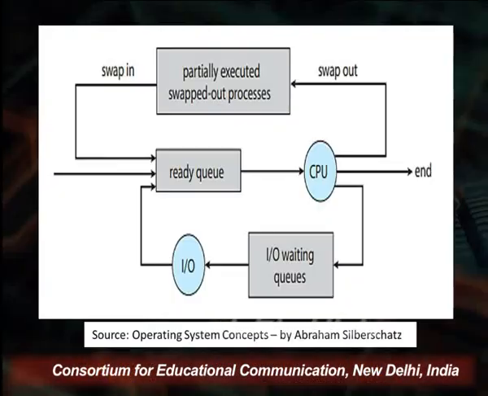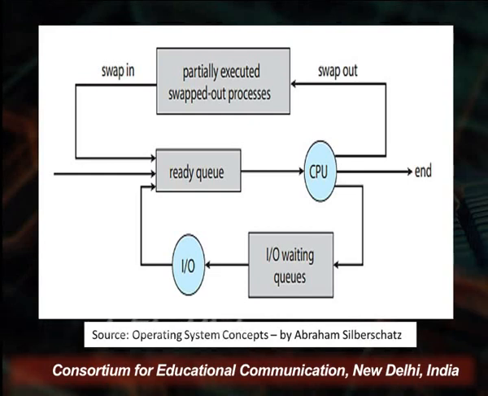In order to get a feel of this medium term scheduler, let us explore the figure given on the screen. We have a ready queue. A process comes into the ready queue, it is taken onto the CPU, and then because of some reason the process which is holding the CPU is taken out, or more technically, swapped out, and kept in the area where partially executed swapped out processes are kept.